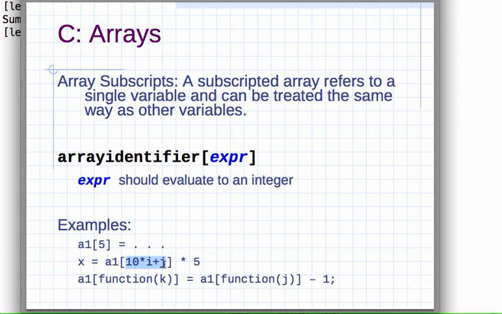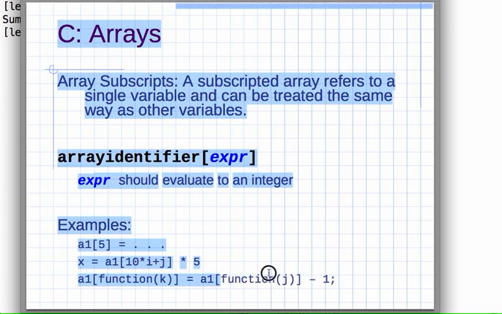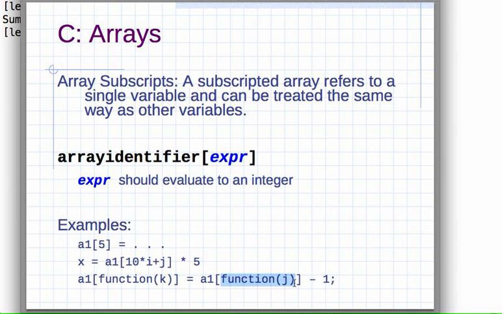That's completely valid. As long as i and j are defined and those values are known, this is perfectly fine. Or you can even use the return value of a function. So you call a function, pass that function the j value. It will return, hopefully, an int and not a double. If your function returns a double, this thing won't work.